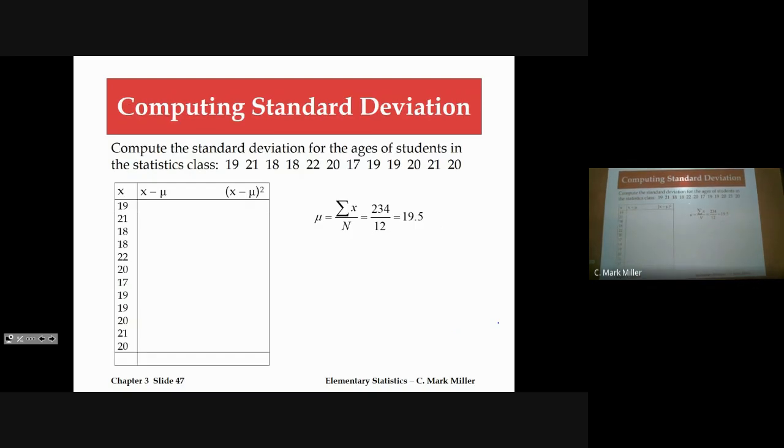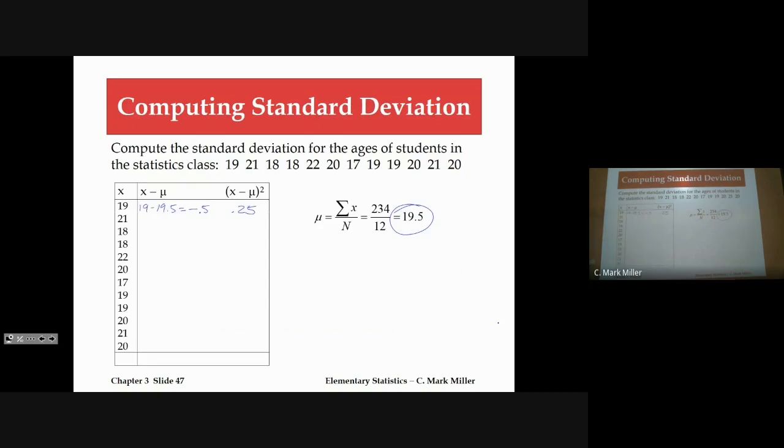So let's do the standard deviation for our class ages here. There it is all worked out, but I'm going to show you how this works. For every data point, you're going to compute the deviation. Remember the mean here is 19.5. So 19 minus 19.5 equals negative 0.5. And if you square it, you get 0.25.